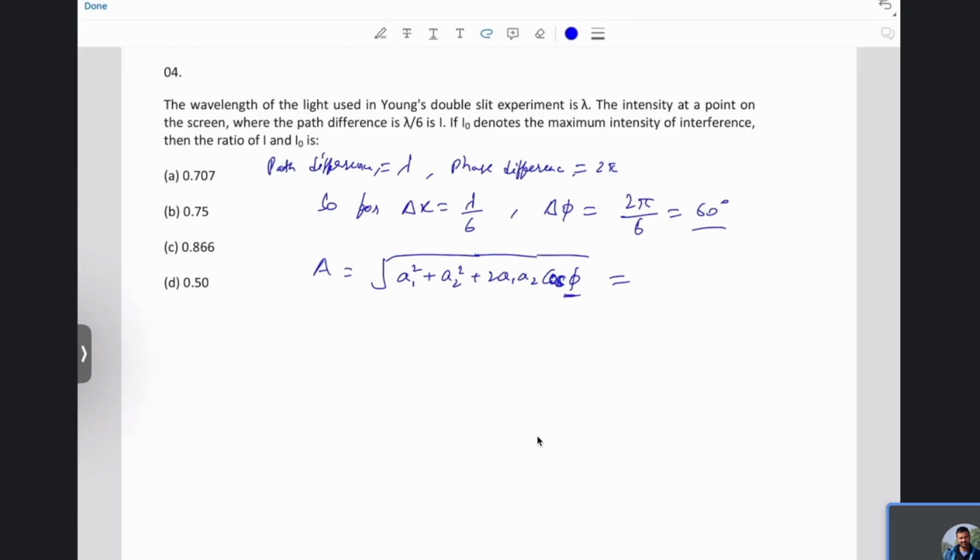You can write it delta phi also, but I am writing only phi.